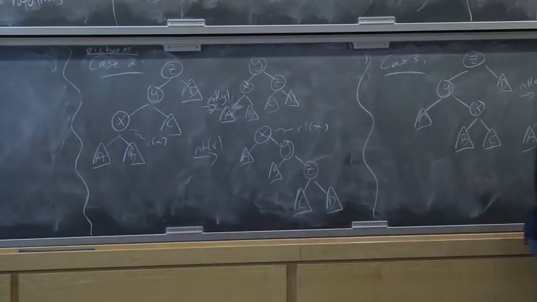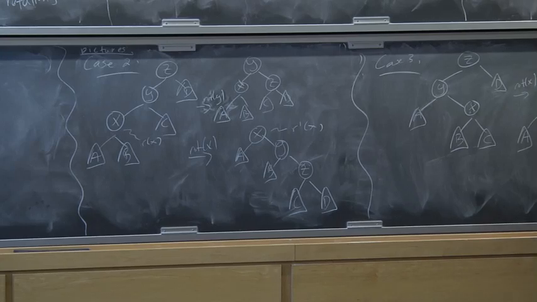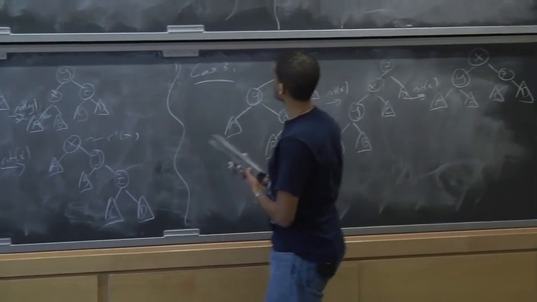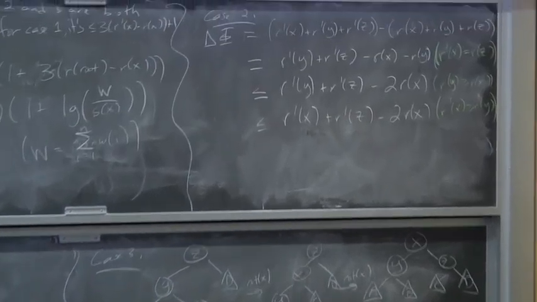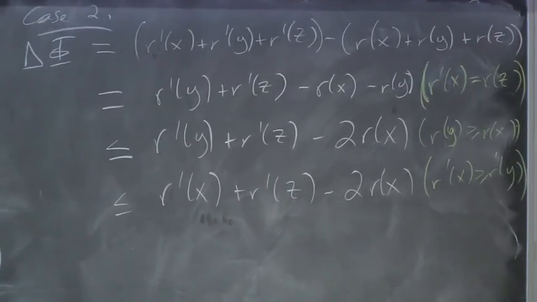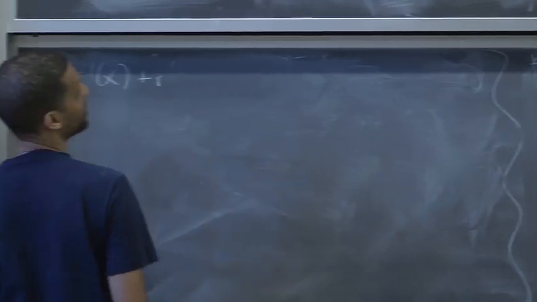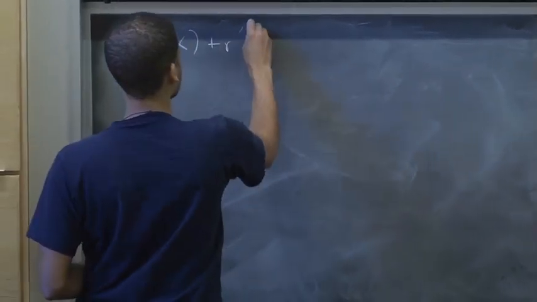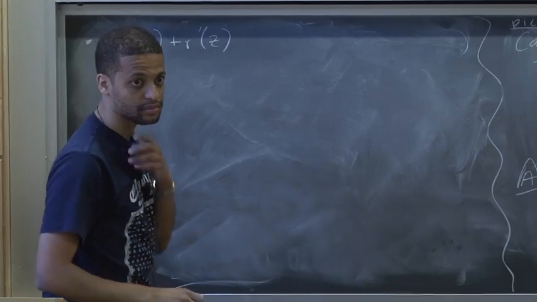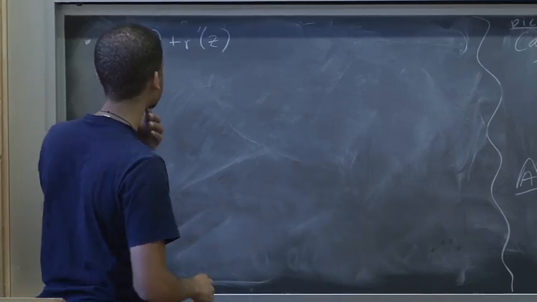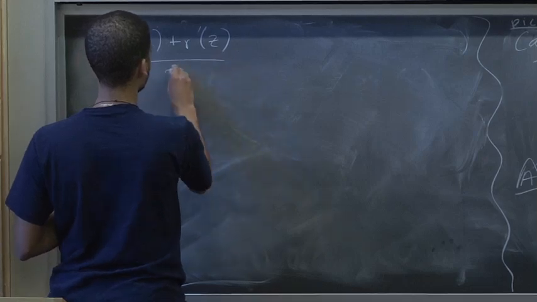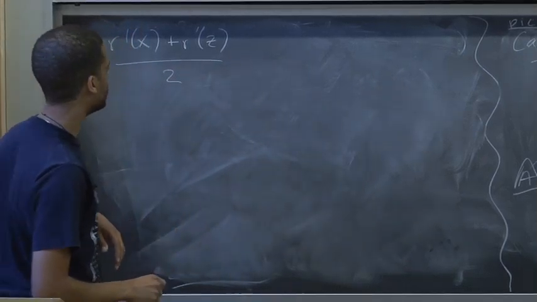So now let's do a little more. Now I want to bound this business here. So let's look at this thing R prime of X plus R prime of Z. Let's bound it. Let's divide by 2. What is this thing?